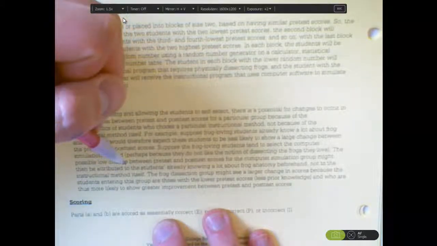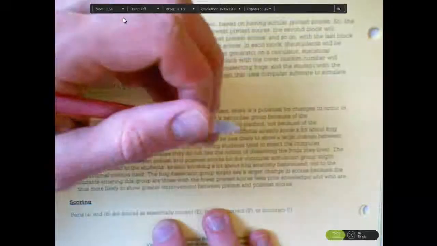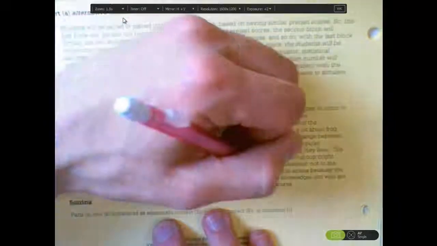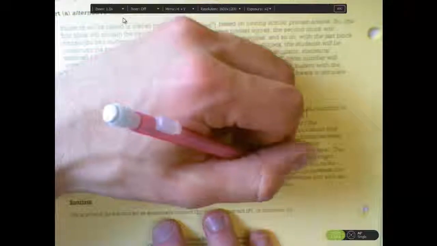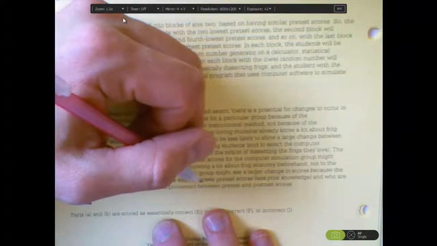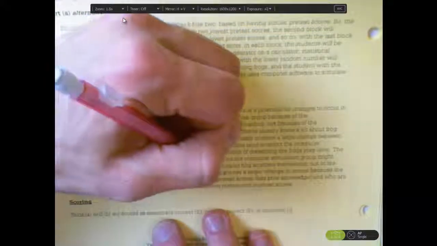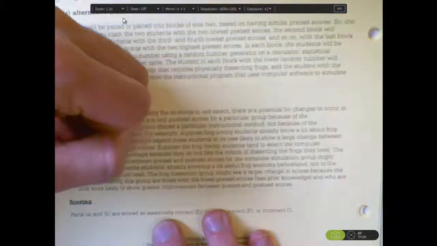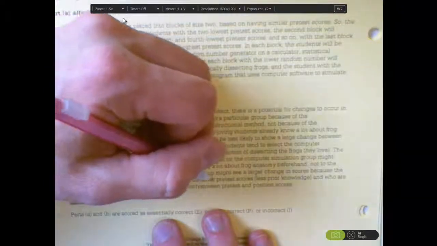Okay, the key thing is the other group is going to see a larger change than those who didn't do the actual dissection. Okay, so the frog dissection group might see a larger change in scores because students entering this group are those with the lower pretest scores and who are more likely to show great improvement.